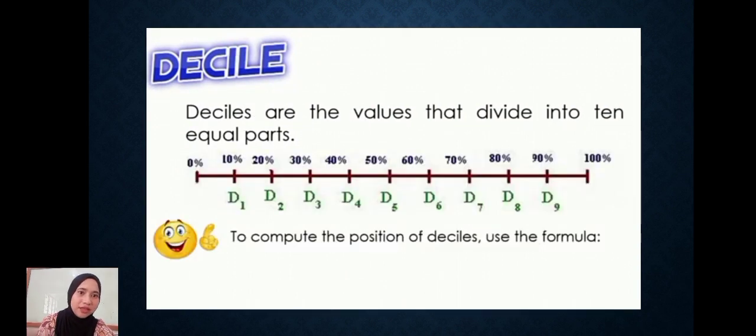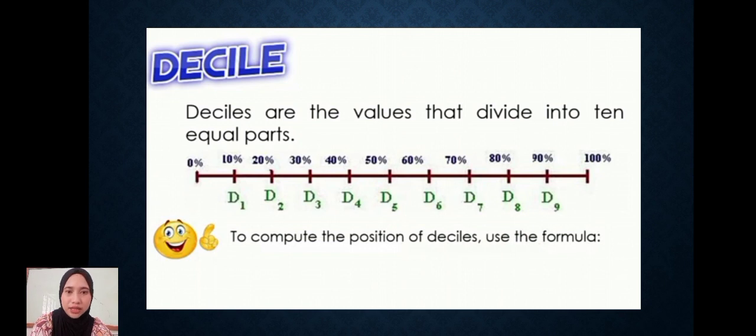So, i-divide lang natin into 10 equal parts ang ating data dyan. We have what we call denoted as D1, D2 hanggang D9. Kasi diba, ang una nating measure is from 0 to 10%. Yan yung isa. Tapos, hanggang doon sa 100%, yan yung D10 natin, which is necessary to get.